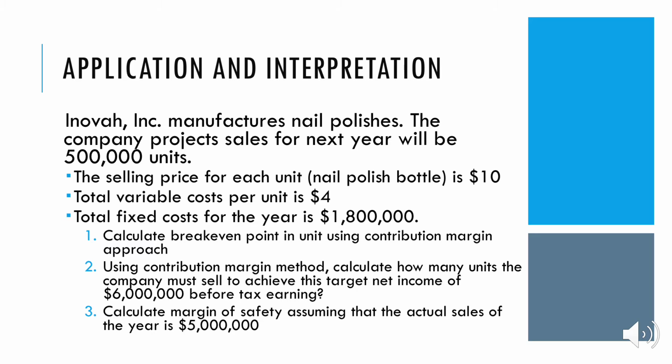The total fixed cost for the year is $1.8 million. 1. Calculate break-even point in unit using contribution margin approach. 2. Using contribution margin method, calculate how many units the company must sell to achieve this target net income of $6 million before tax earning. And 3. Calculate margin of safety.